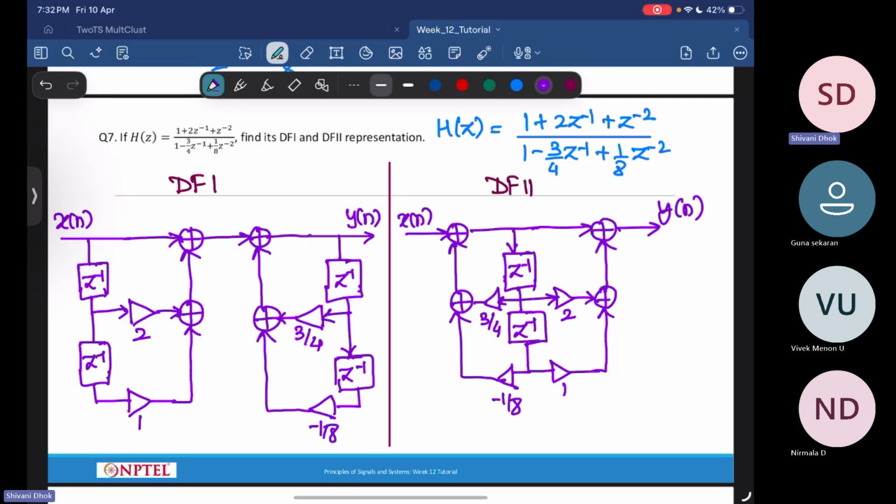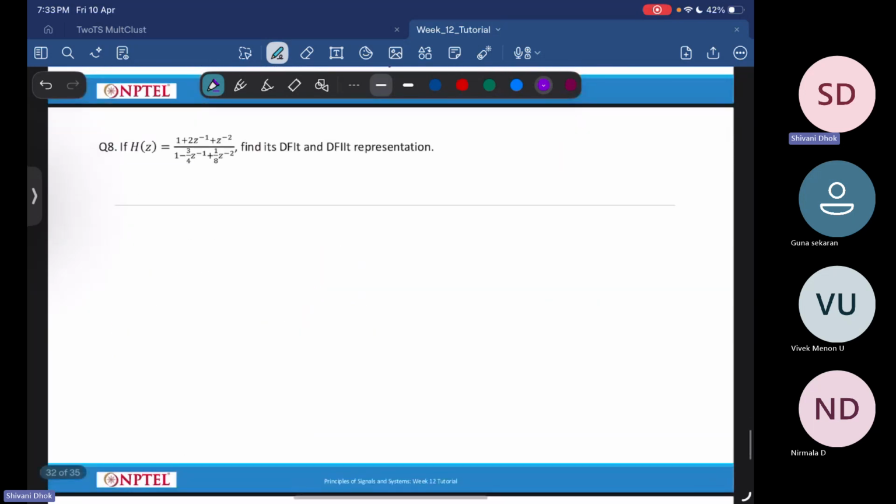Okay. Let's move on to the next question if there are no queries. So the next question here is the same thing, but now with direct form 1 transpose and direct form 2 transpose. So what do you have?